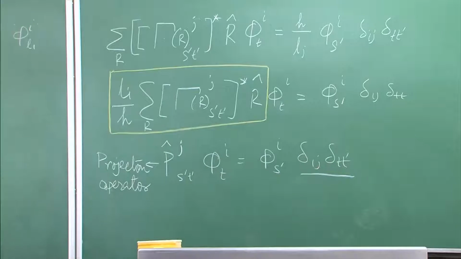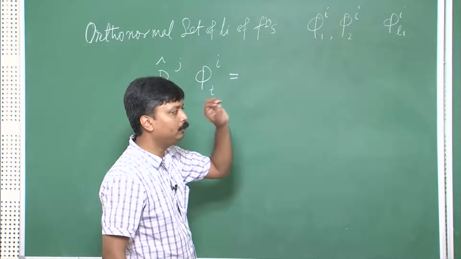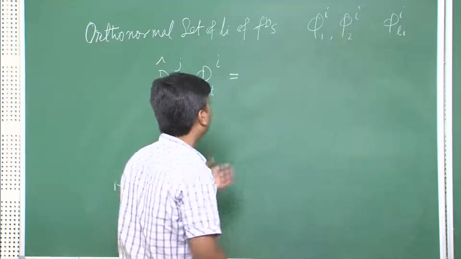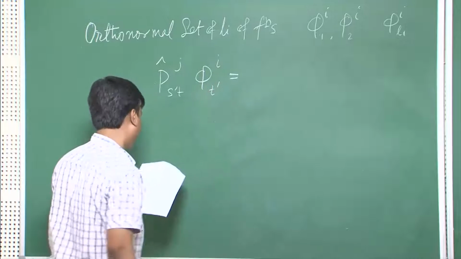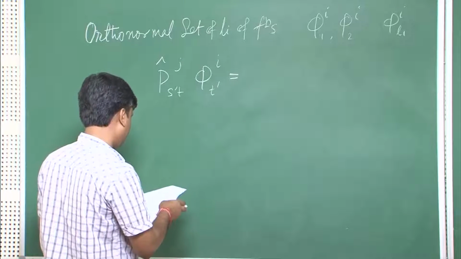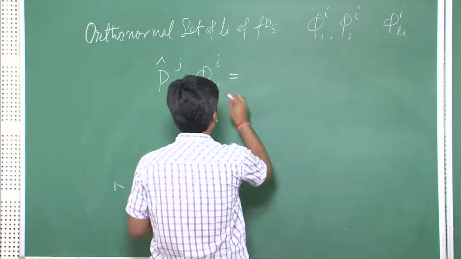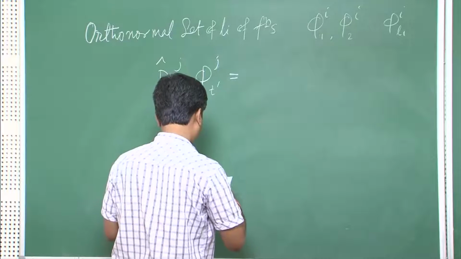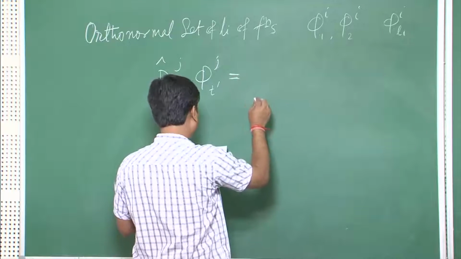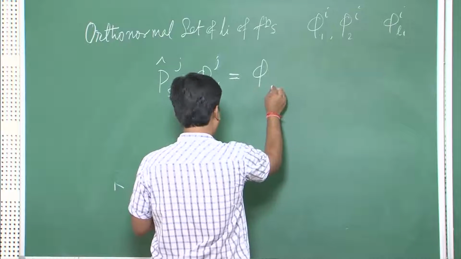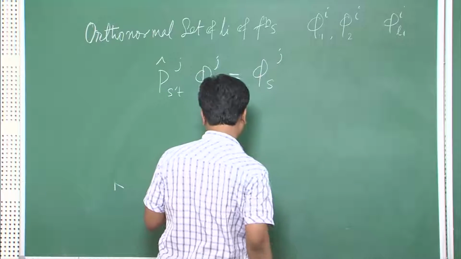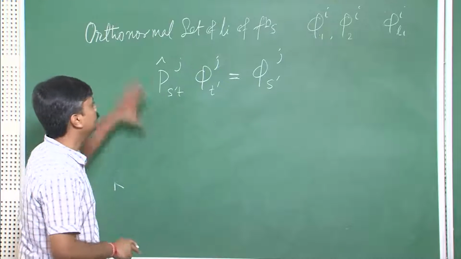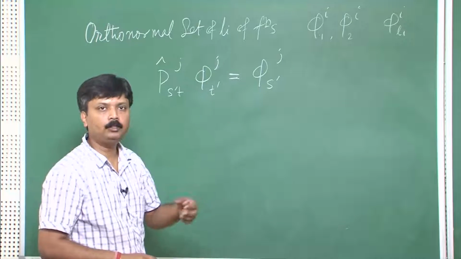So essentially it means that this phi t must contain some component of phi t prime. In that case, I will have phi t prime, and for any arbitrary irreducible representation j, I can write this general form. Now, this is the most general form, but I can have a special case.